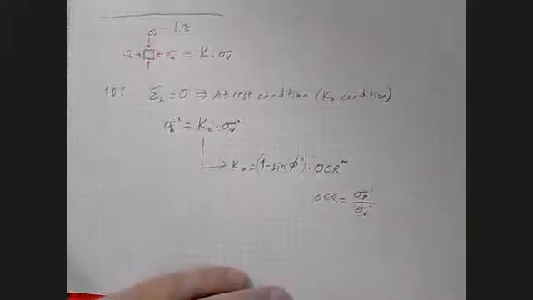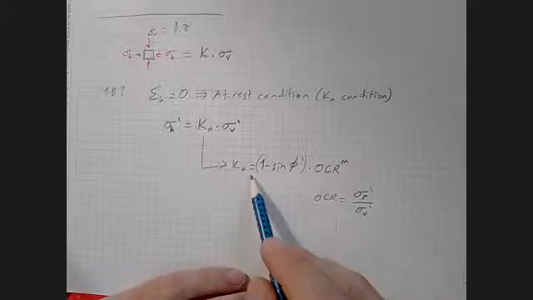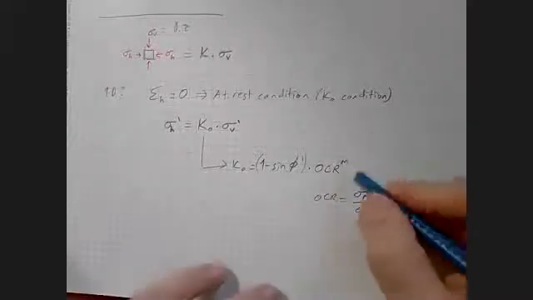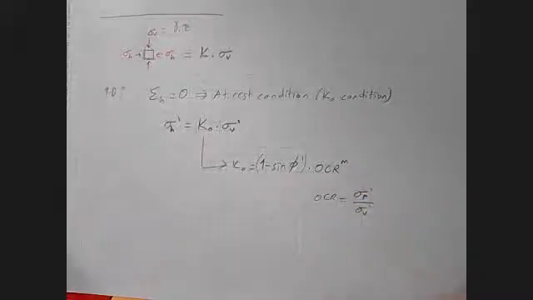So if it is normally consolidated, this is 1 and it becomes irrelevant. But if you have applied a stress and therefore compressed the soil, the horizontal stresses get locked in there. So you get larger horizontal stresses for overconsolidated soils.